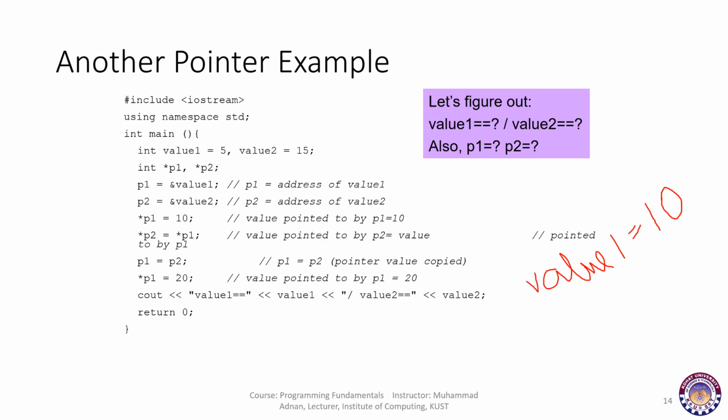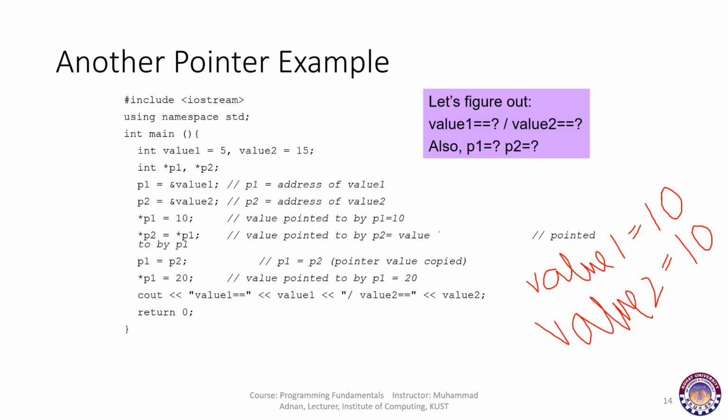And then we also assign this 10 to p2. P2 is holding the address of value 2, so whatever is stored at the address pointed to by p1 is assigned to the address pointed to by p2. So p2 is pointing to value 2, so value 2 also gets the value of 10.